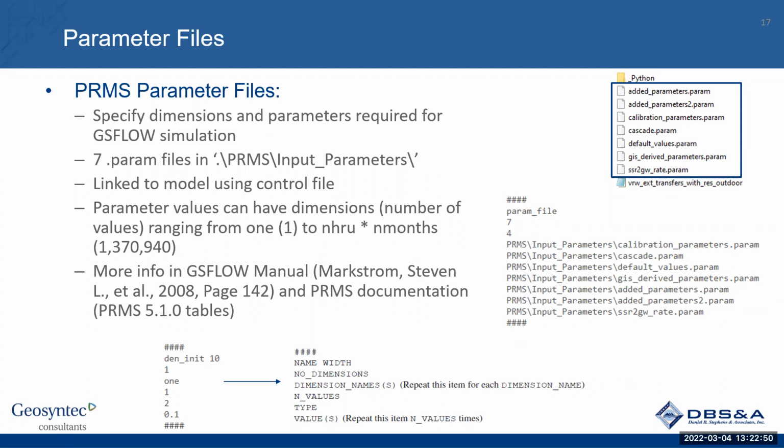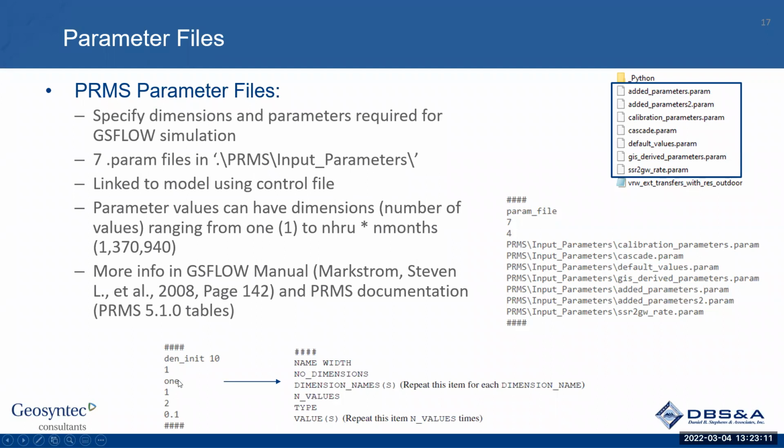Here is just an example of what an input parameter looks like. There is a parameter called den_init, just for example. That's the name of the parameter. That's the number of dimensions, so it's just a single number, and that just says that it's one.